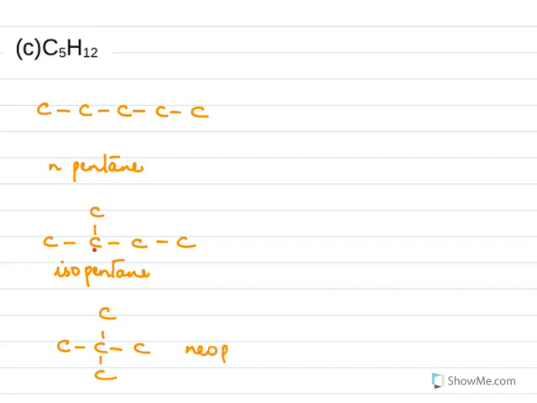So this is neopentane. C6H14. This is hexane, and it will have a couple of them. 1, 2, 3, 4, 5, 6. And usually they ask till butane, and they don't ask pentane as much. Sometimes pentane. Hexane is definitely not asked.